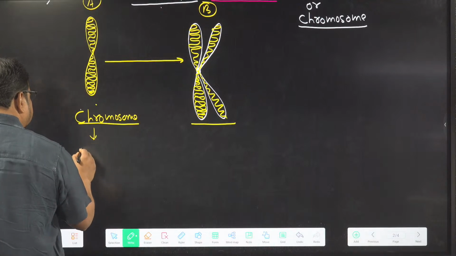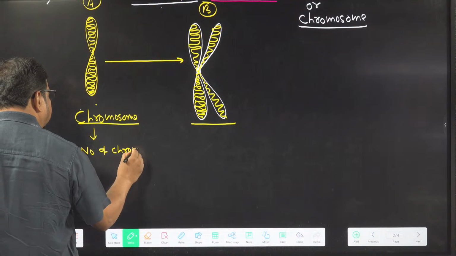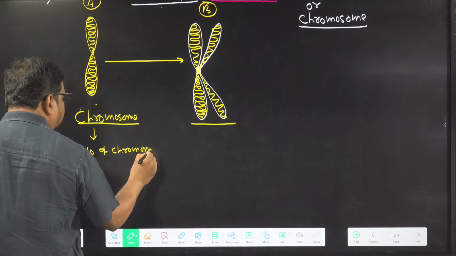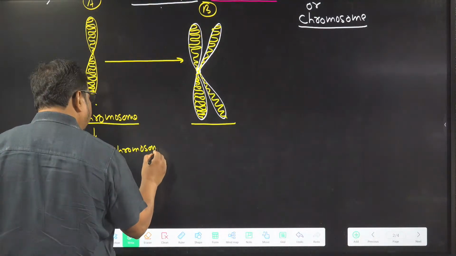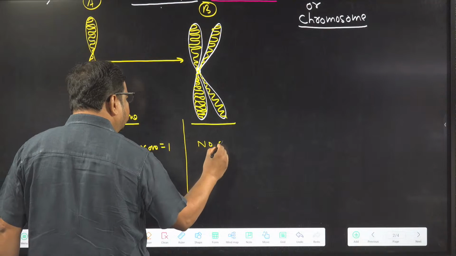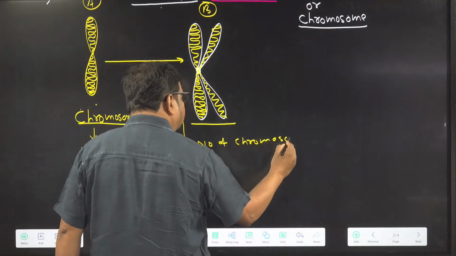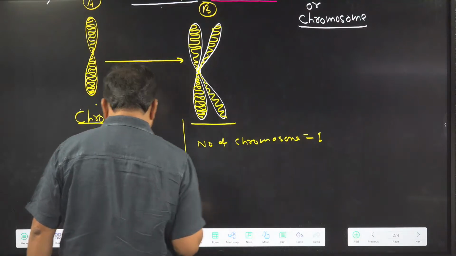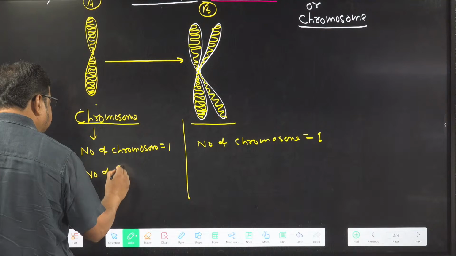Here, number of chromosome equal to 1. Here also number of chromosome equal to 1. Here number of chromatid, help me.